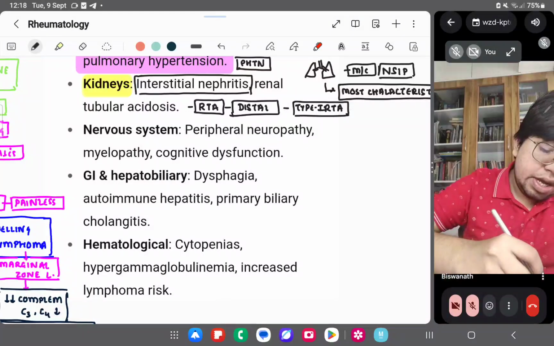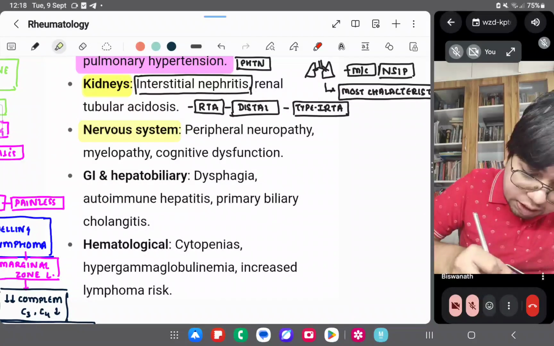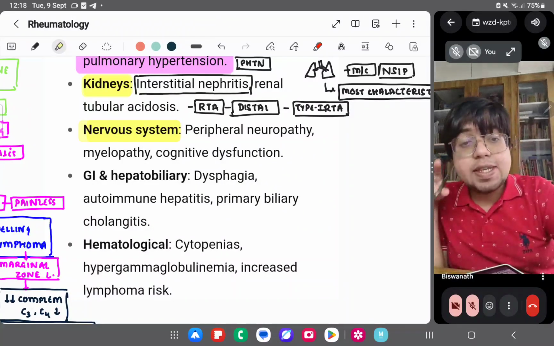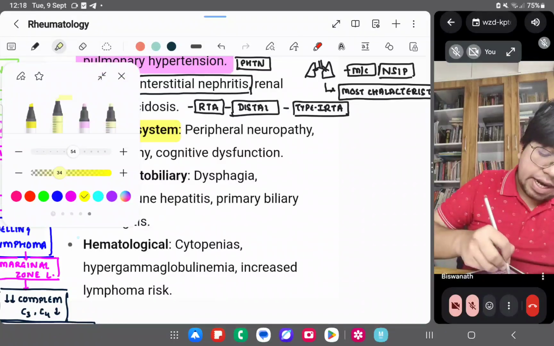Then the nervous system. What are the manifestations in the nervous system? So don't get nervous, it will be easy. Peripheral neuropathies. I told you that whenever Sjogren syndrome is present, it is associated with peripheral neuropathies, right?